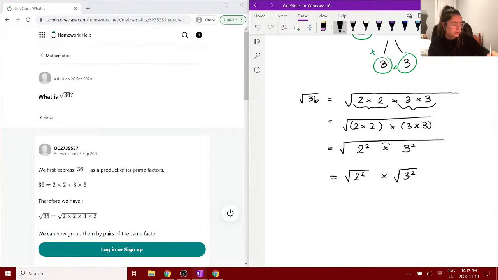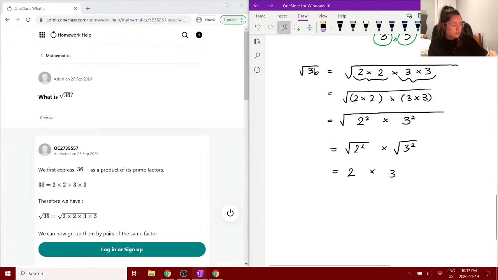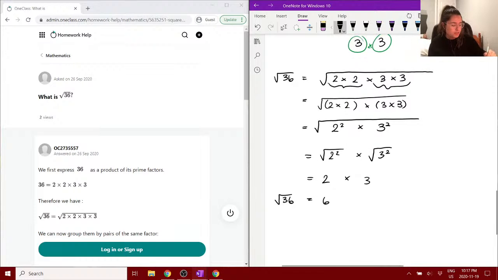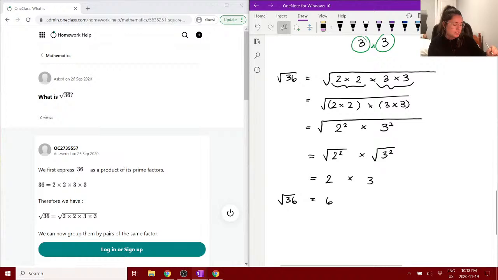So now we have a square exponent under a square root, which ultimately cancels out, so we get 2, and then the square root and the squared exponent cancel out, and we get 3. And then you can find out that the square root of 36 is equal to 2 times 3, which is 6. And we know that from our multiplication tables, 6 times 6 is 36.